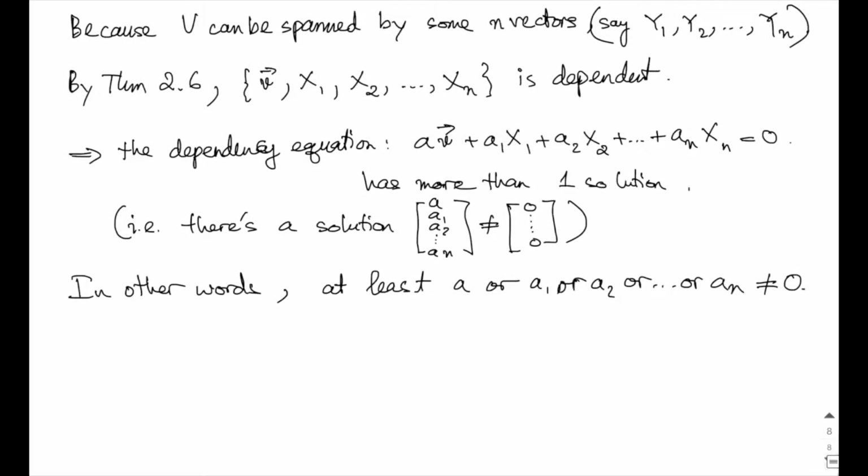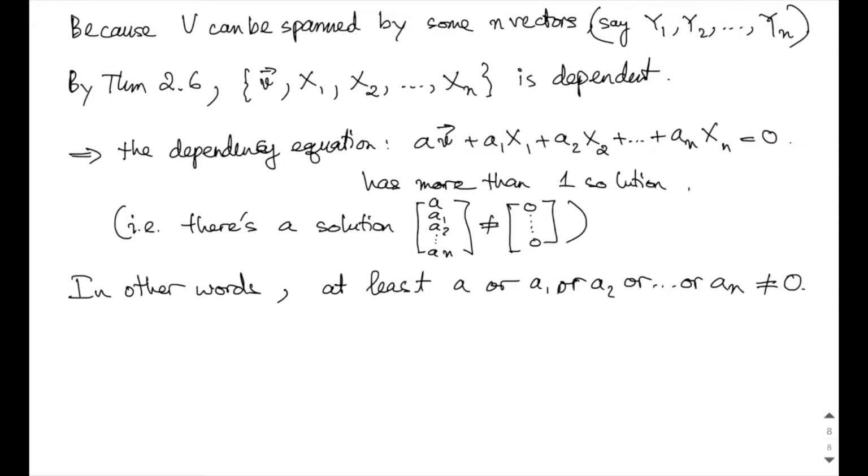Okay, so we hope that a is not 0, because if we can get a not equal to 0, then from here we can divide both sides by a and then throw all the others to the right-hand side. We are going to get v being expressed as a linear combination of the xi's here, and that proves the fact that any vector in V can be expressed as a linear combination of x1, x2, ..., xn, and so V is the span of these vectors.